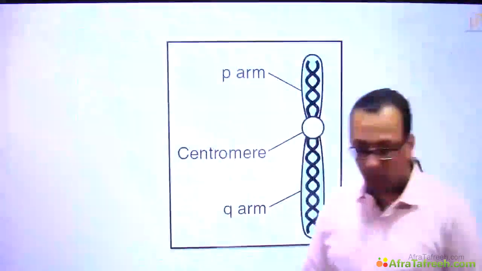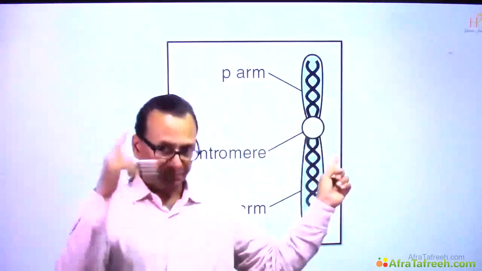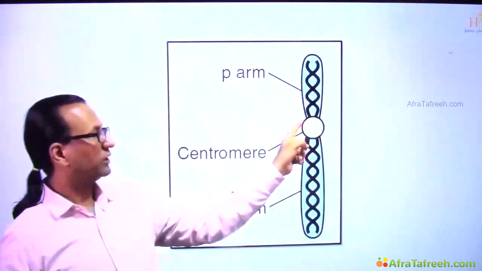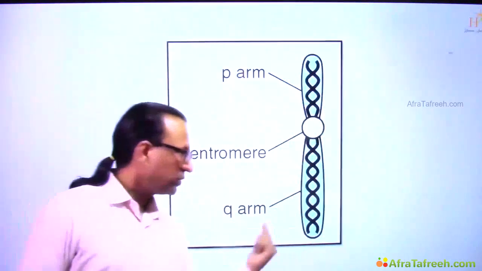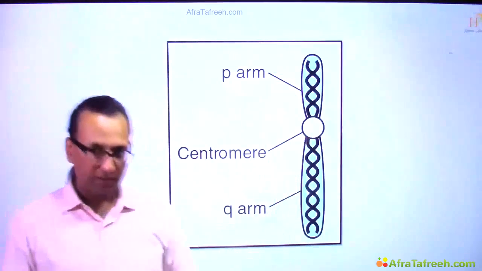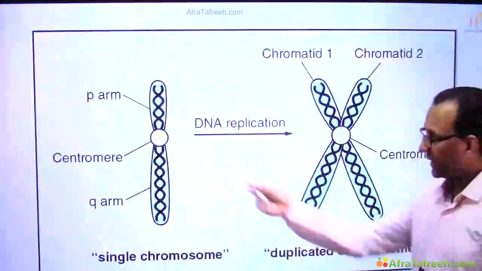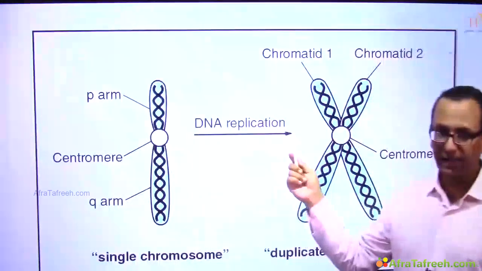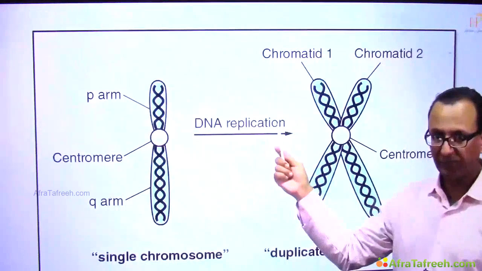In a chromosome, you will notice that there is a centromere which is holding the short arm, which is P, and the long arm, which is Q, together. A chromosome is nothing but a double helix of DNA, and before any cell division, it must undergo DNA replication, doubling of DNA, which happens in the synthetic phase of interphase.